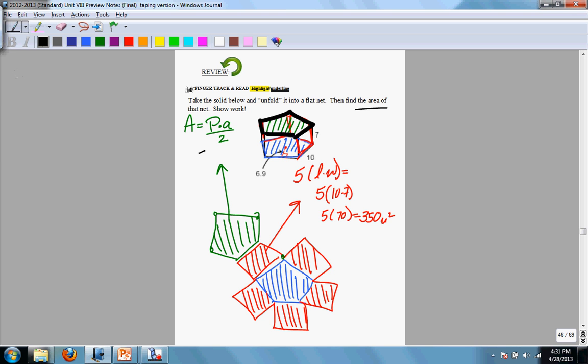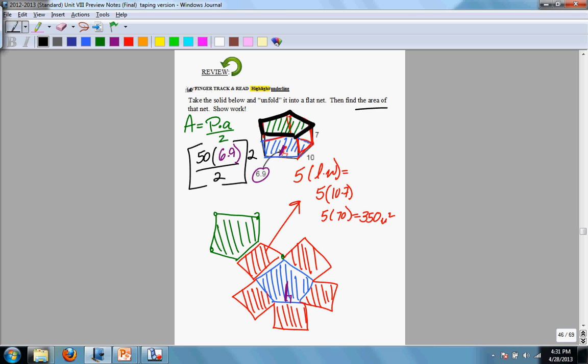So our perimeter is going to be 50 times the apothem we're given right there, which is 6.9. So 50 times 6.9 over 2.